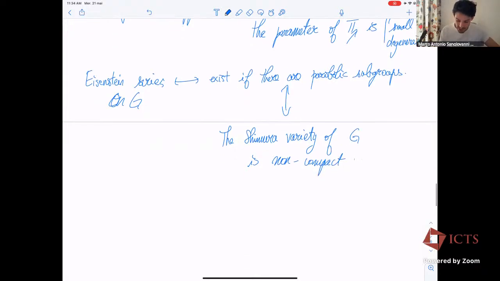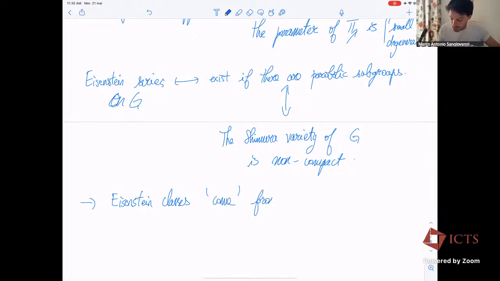And so it should be that Eisenstein classes come from the boundary, which is precisely controlling the non-compact nature of the Shimura variety for G.